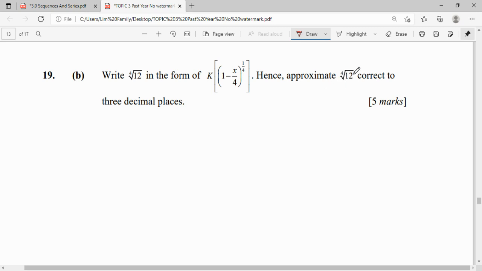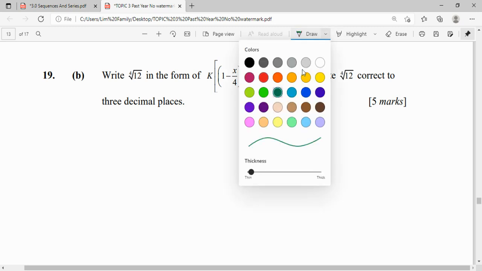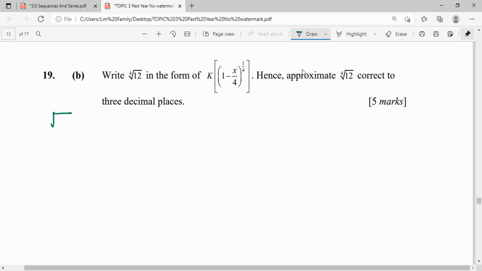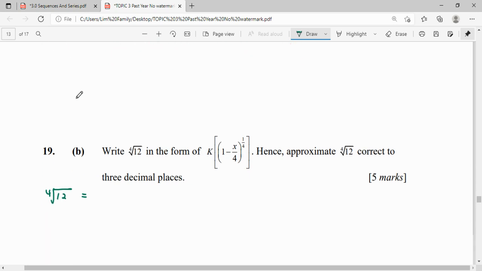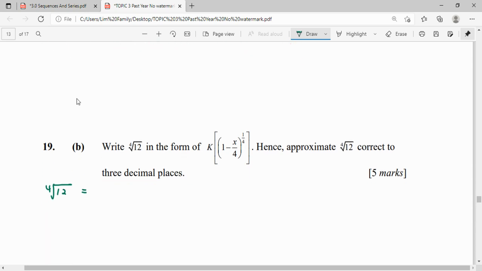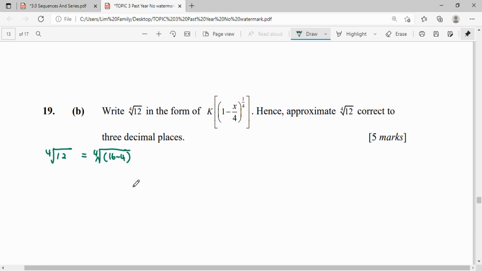So first of all, the fourth root of 12 can be equal to... what's the relationship between the fourth root of 12 and this? How do we get 12 here? 16 minus 4 is 12, right? So we try to expand in that form.